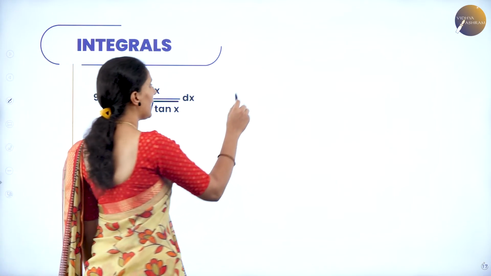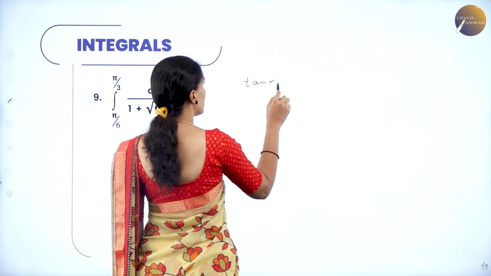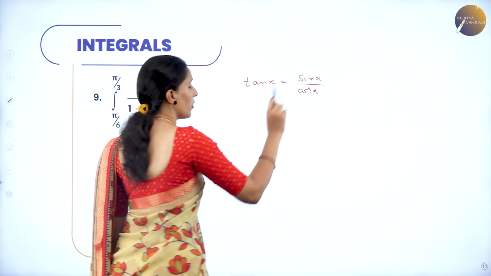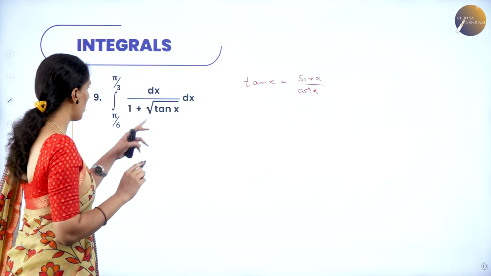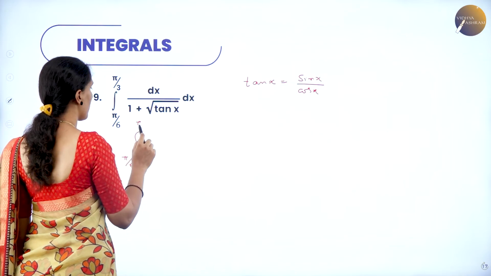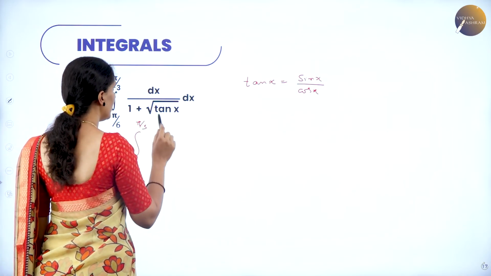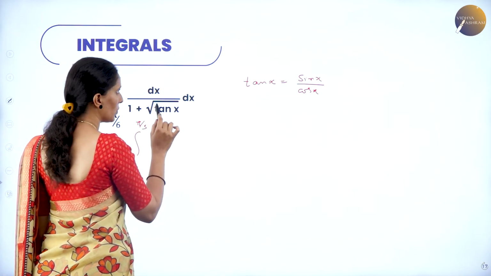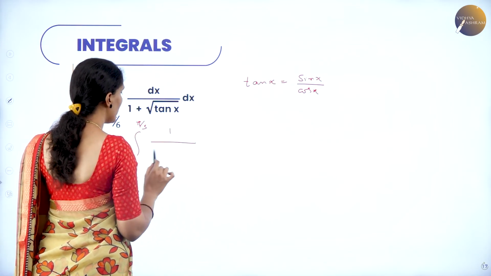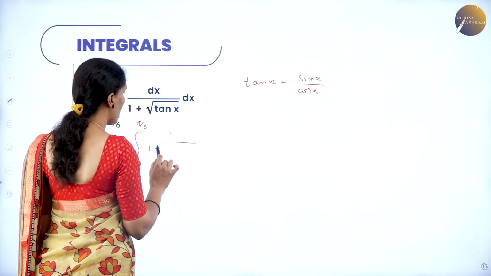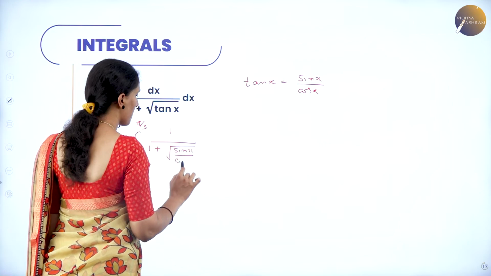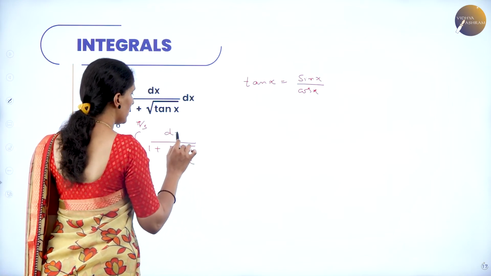Now put tan x is equal to sin x by cos x. So if you put tan x is equal to sin x by cos x, then this integral becomes pi by 6 to pi by 3. So here we have root tan x. Root tan x can be written as root sin x by root cos x. Then it is 1 here. Then it becomes 1 plus root sin x by root cos x, with respect to dx.